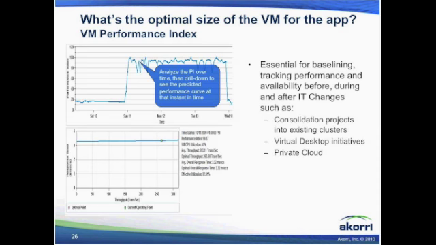And virtual machine performance index enables comparison, baselining, and continuous management of infrastructure performance for applications as they migrate from physical to virtual hosting. You can measure and baseline the infrastructure response time and the performance index for a physically hosted application, and then continue to report on these metrics as the application is virtualized, so you can make sure that you're still getting the best performance possible.